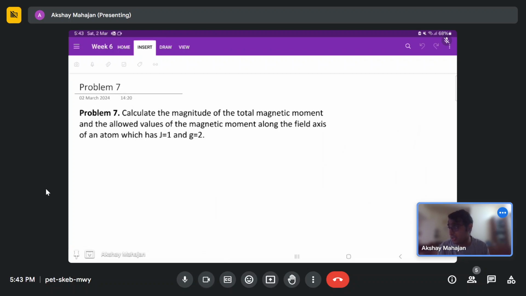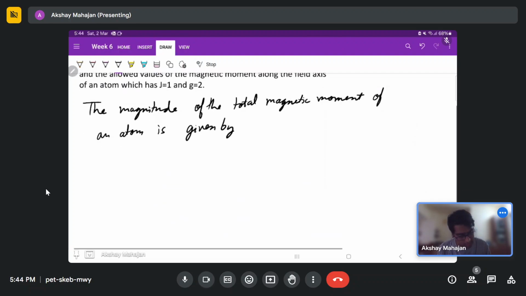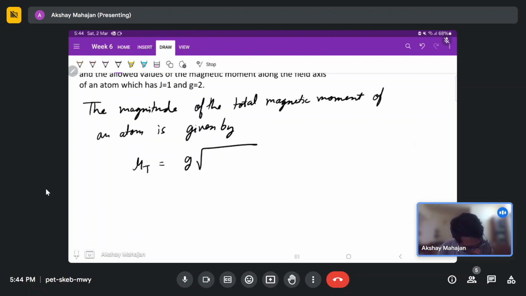Okay, so for this problem, the magnitude of the total magnetic moment of an atom is given by g times the square root of J into J plus 1, times mu B, the Bohr magneton.